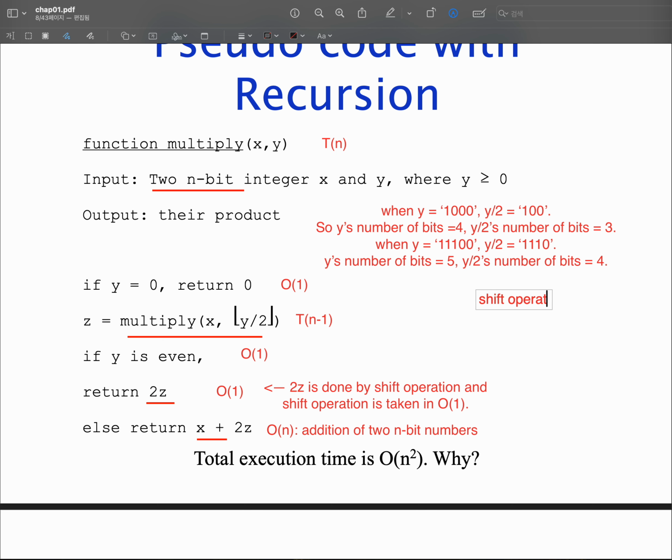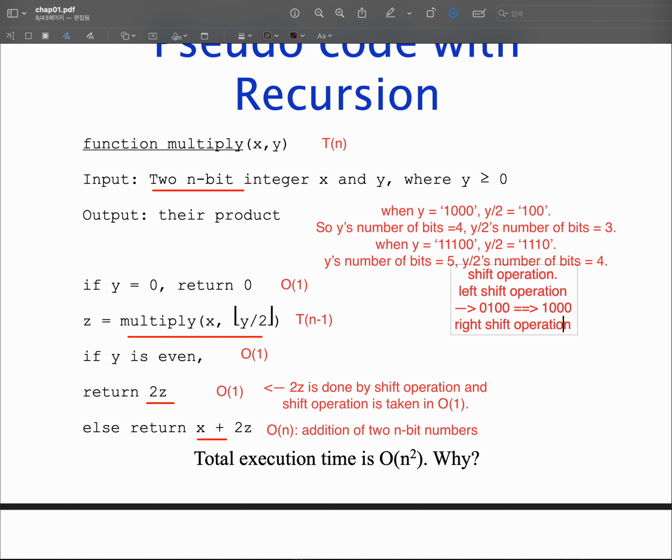Shift operation, it's a left shift operation. There are 2 types of shift operation. One is left and the other one is right shift operation. So left shift operation is like this, okay? If you have the number 100, then that will become 10000. Just one number is shifting, okay? So in other words, you can write it like this, okay?